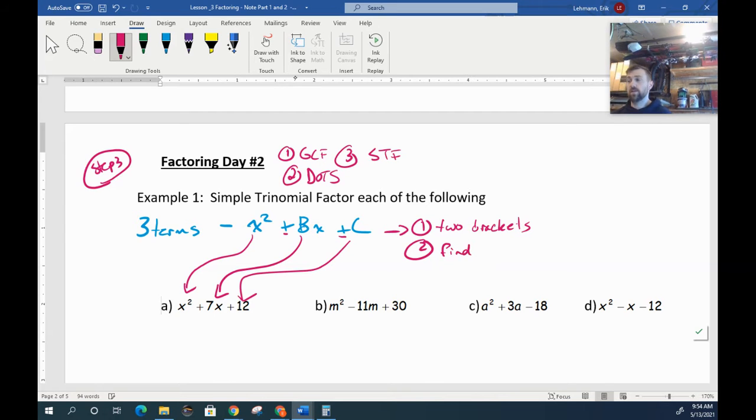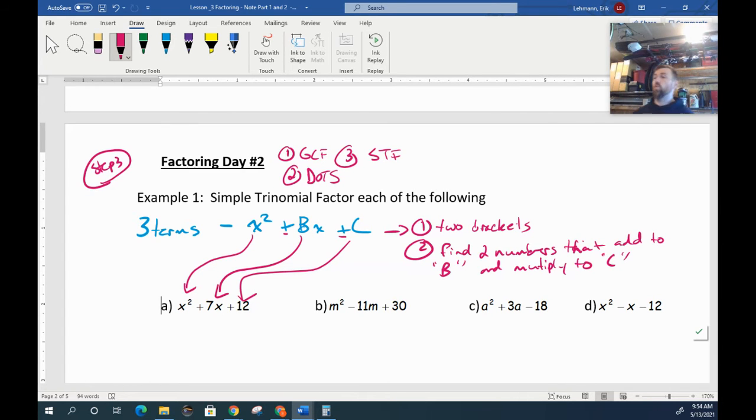Find 2 numbers that add to B, which is our middle number here, and multiply to C, which is our end number here.